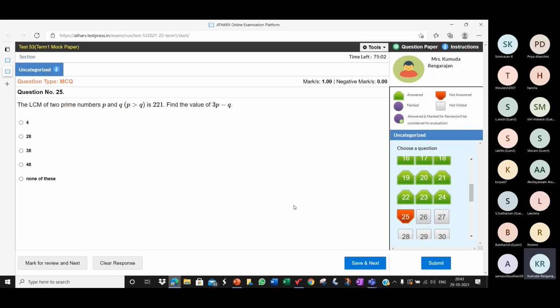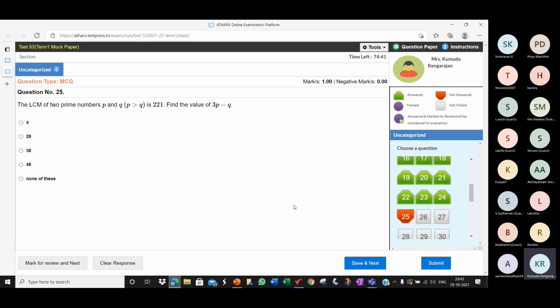So when the numbers are prime numbers, their LCM will be their product, right? Yes. So when the two numbers are prime numbers, their LCM is their product.